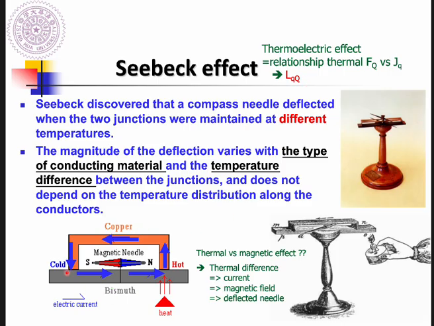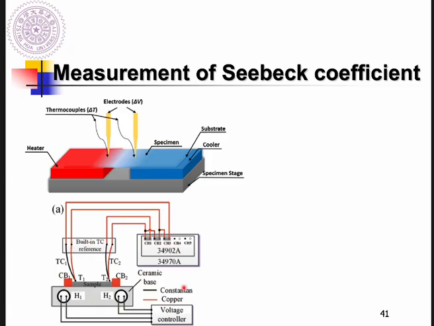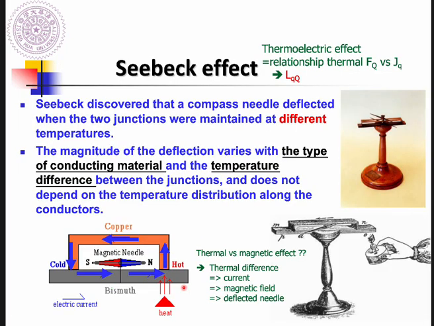So this is a feedback effect. We apply the temperature difference, which causes a current passing through your materials. So people usually use this thermoelectric effect as a battery to provide current. Okay, so back to the Seebeck coefficient.